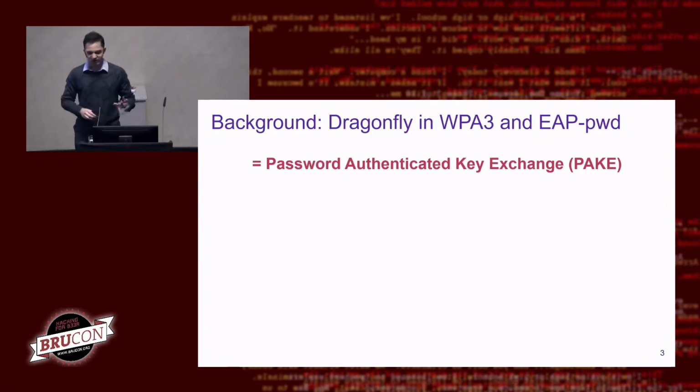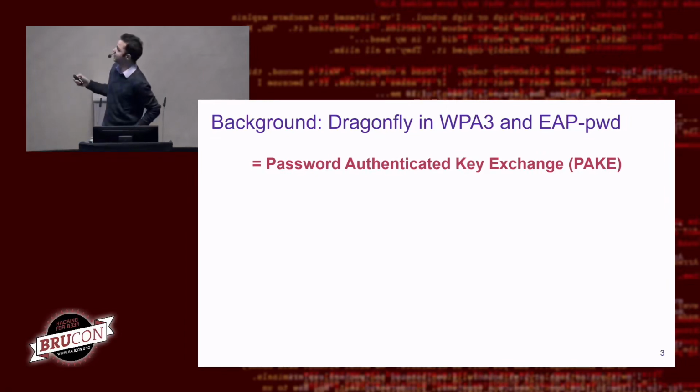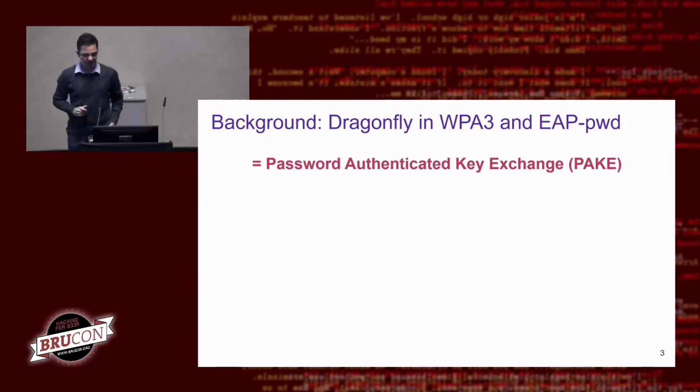For example, in about, I would say, 5% of eduroam networks and a small percentage of maybe company networks where you have to log in using a username and a password, and in about 5% of those, the EAP-pwd protocol is used.